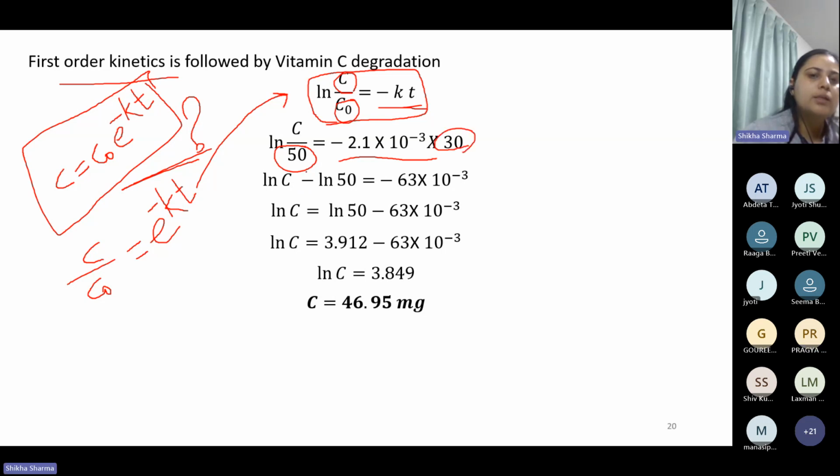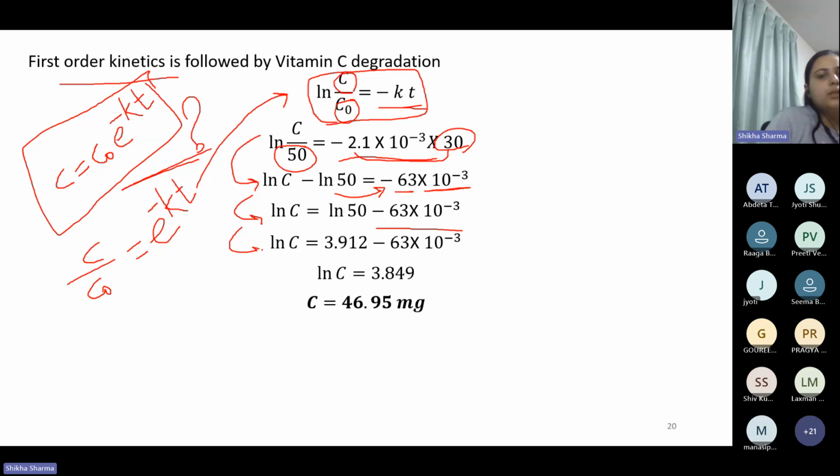ln C minus ln 50 equals 2.1 into 30, which is 63 into 10 to the power minus 3, with the negative sign. Now ln C equals, moving this to the right hand side, ln 50 minus 63 into 10 to the power minus 3.